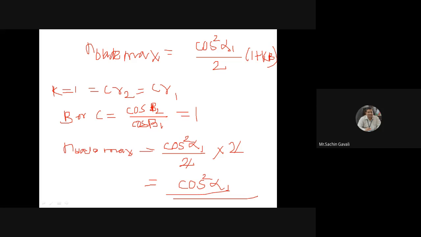So in case of the impulse steam turbine, the maximum blade efficiency is given by the equation cos square alpha 1. Okay. Understood?